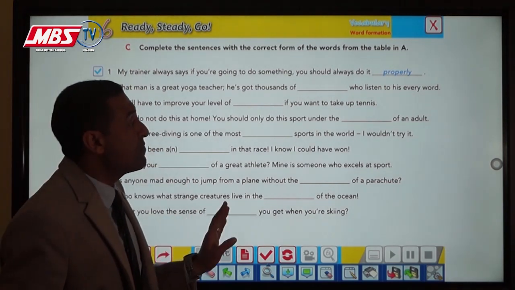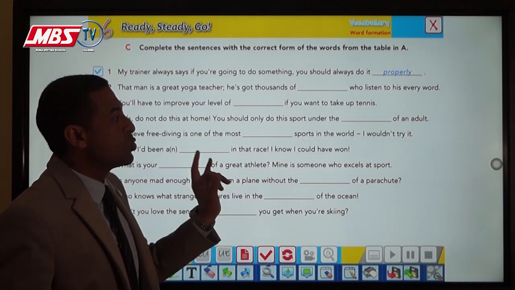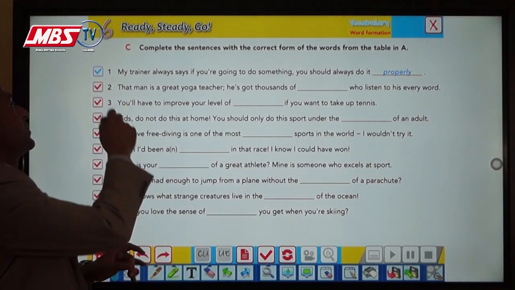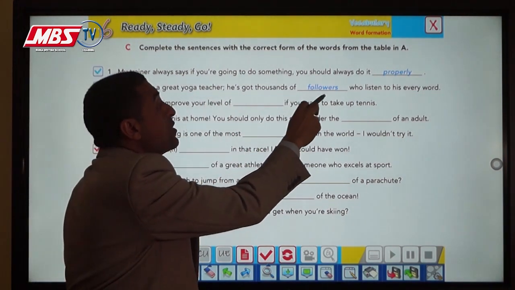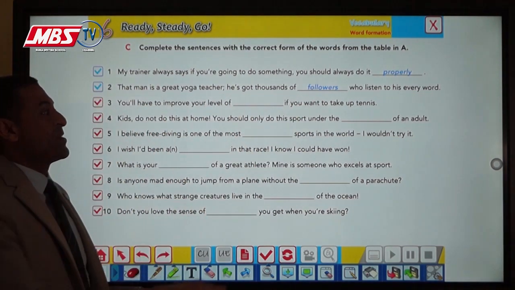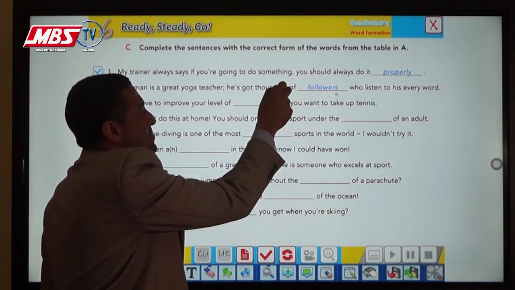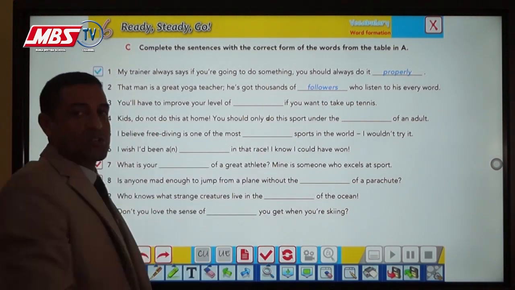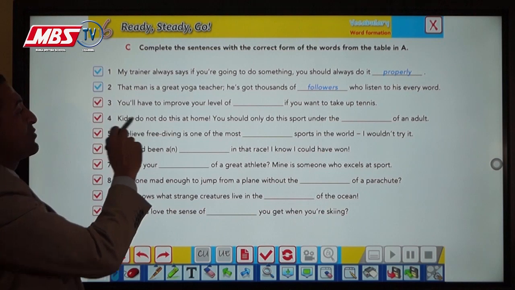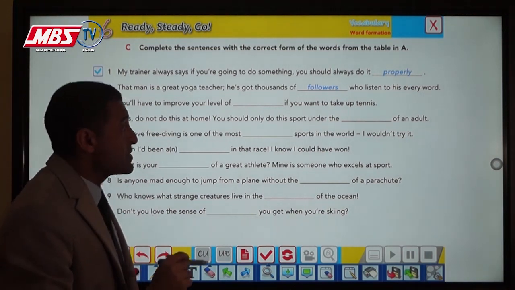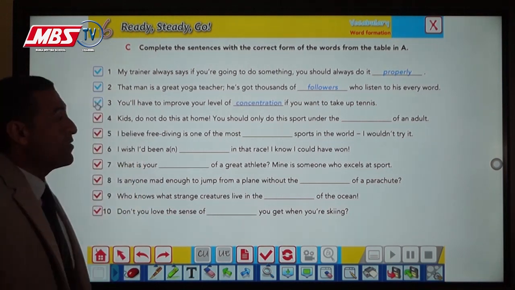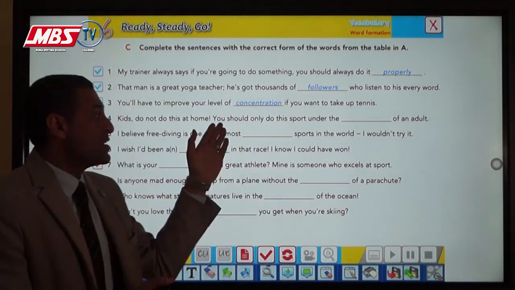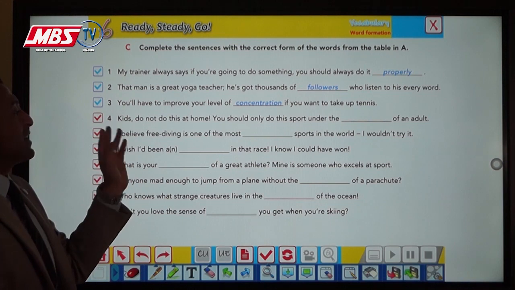He's got thousands of followers who listen to his word. Followers. Thousands of followers. I cannot say follower, I have to use the plural form because here, thousands of. You will have to improve your level of concentration if you want to take up tennis. Level of concentration. I need the noun for this word.